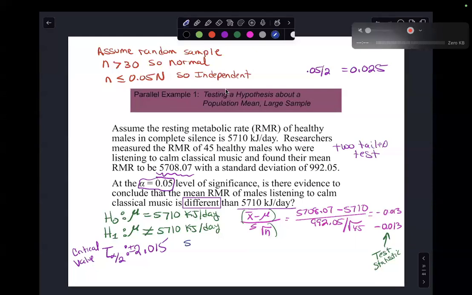So since our test statistic is not... I would almost say since it's not beyond our critical value... I'm going to say beyond, not beyond. I like beyond our critical values.